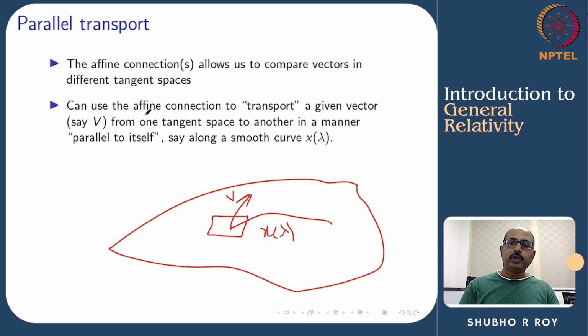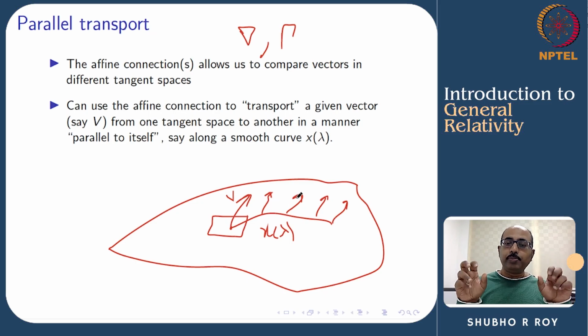Then this notion of the affine connection, which we learned, the nabla, or equivalently the gamma, allows us to transport the vector parallel to itself on that curve. These are approximately parallel, but I'm trying to show that you can translate the vector along this curve with some notion of being parallel to itself.